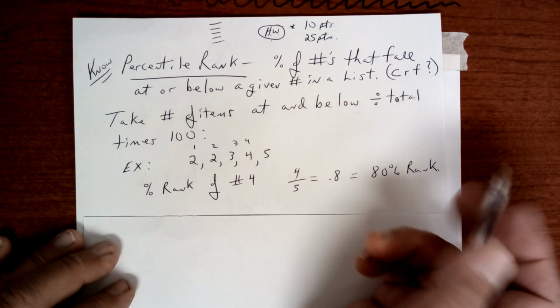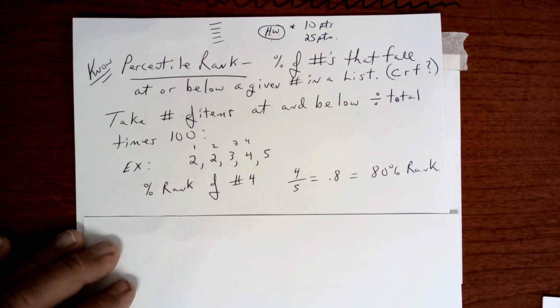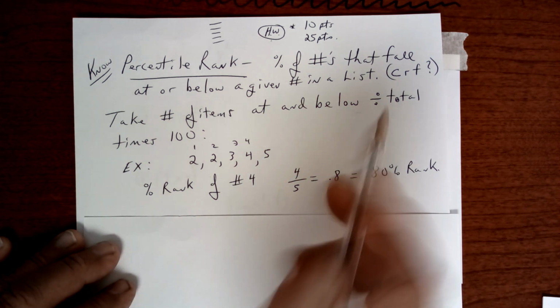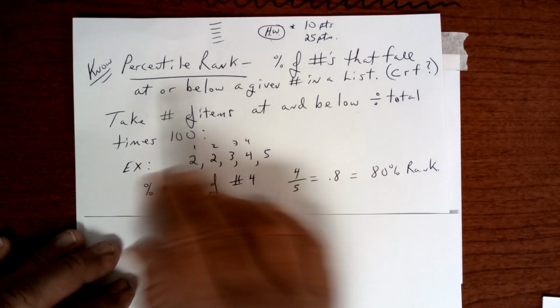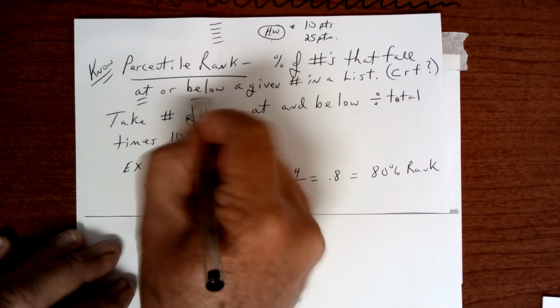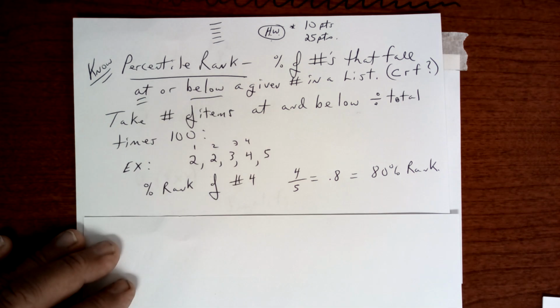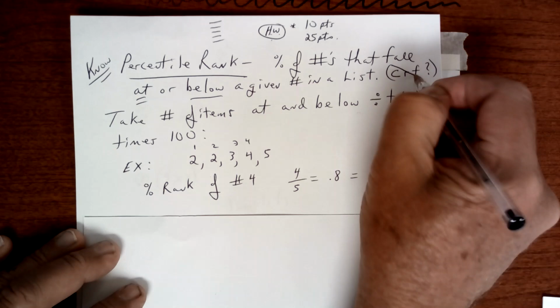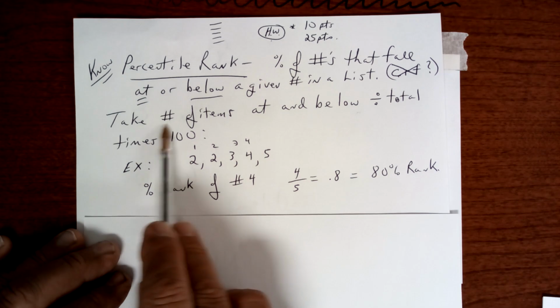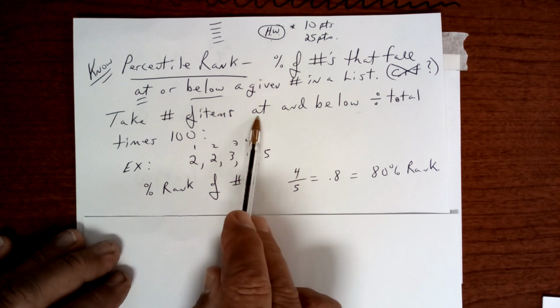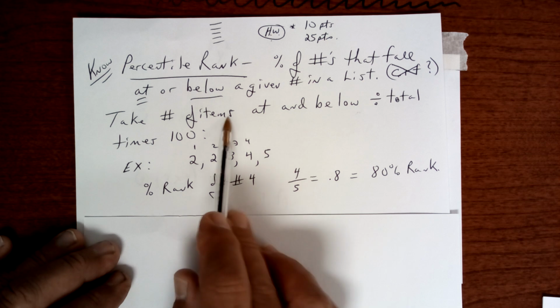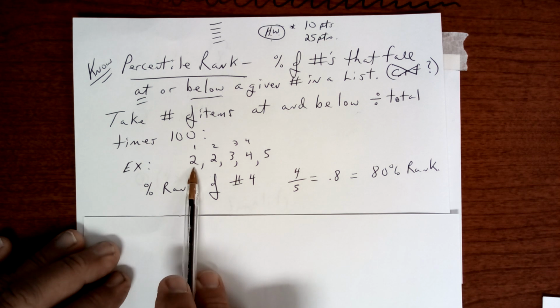Let's talk about percentile rank. We didn't talk about that. It's the percentage of numbers that fall at or below a given number in a list. Okay? So let's take a look here. You take the number of items at and below, the number of items. So if you look here, write down these numbers.